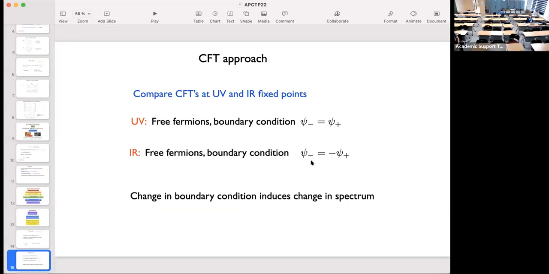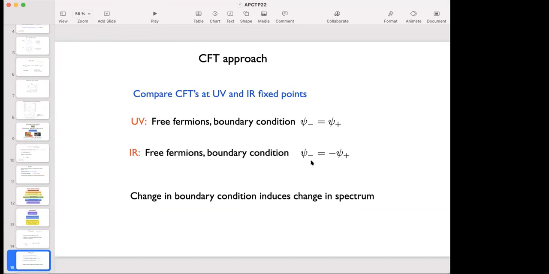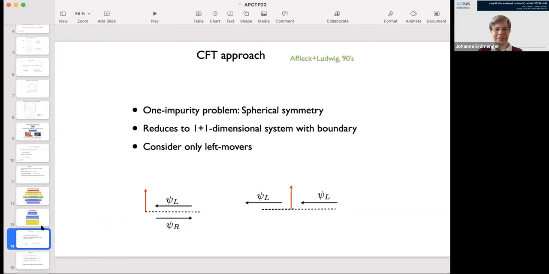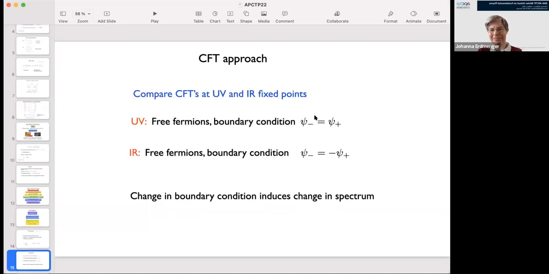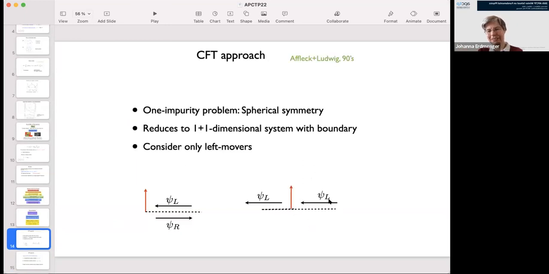I'm just asking about the definition of psi plus, psi minus in terms of psi left and psi right. Yeah. So psi plus is the fields on the right-hand side of this impurity in the limit where r is taken equal to 0. I should write this down. I will have my iPad in a second. So this statement here is just a statement for r equal to 0, and psi plus are the fields on this side of the defect, and psi minus are the fields on that side of the defect.